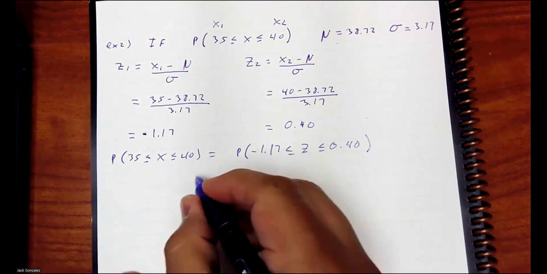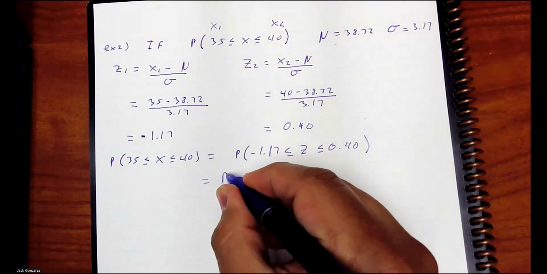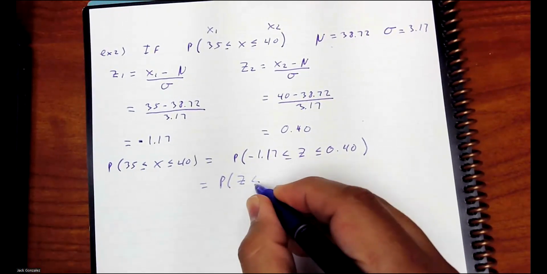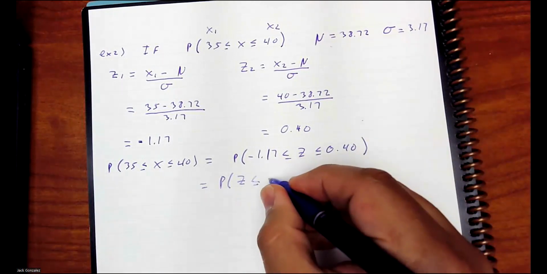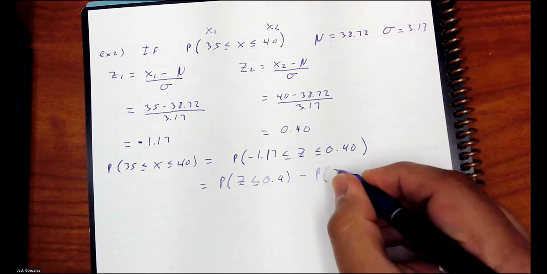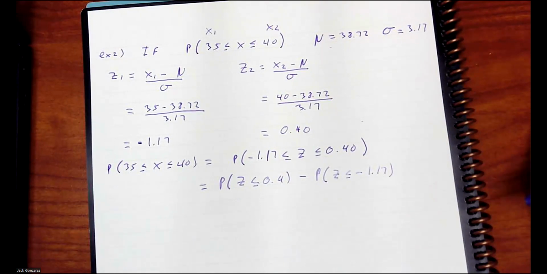So this is equivalent to the probability of z less than 0.4 minus the first part, z less than negative 1.17. Your calculator can do the in-between two parts, but this one can't for some reason.